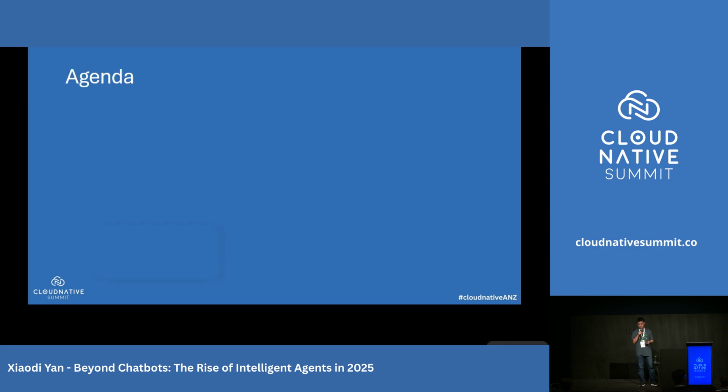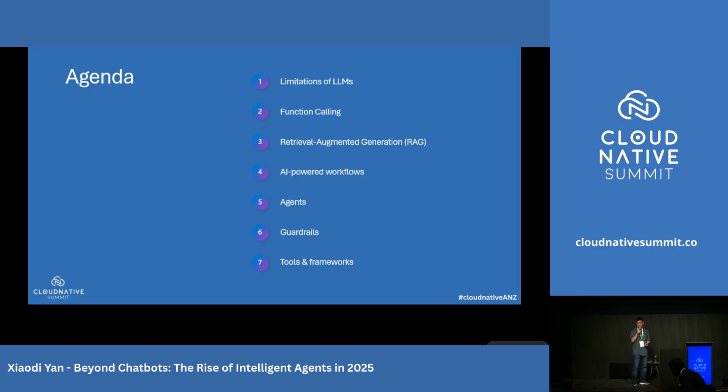What we'll discuss today: first, some limitations of LLMs, and then we'll move to some powerful features of AI, like function calling or retrieval-augmented generation, to enhance the capability of AI. Then we'll move to the AI-powered workflow, which is a kind of deterministic process to handle complex tasks.